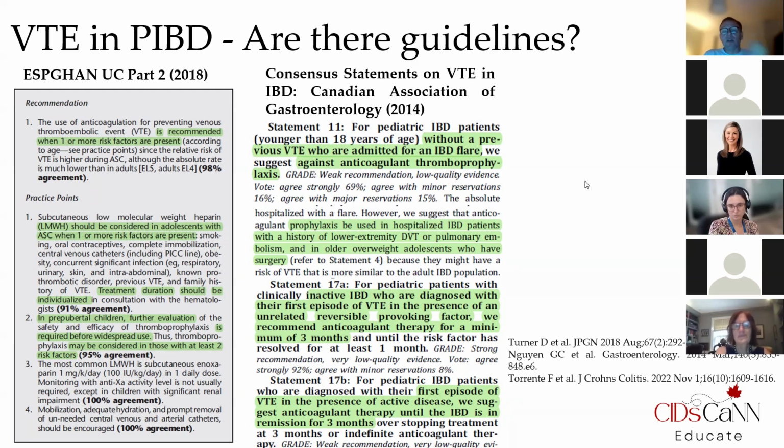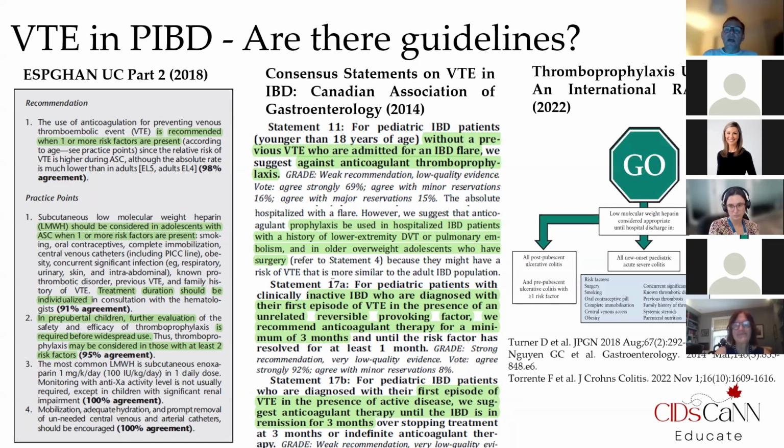And then the recent RAND panel statement from a couple of years ago was pretty similar to the ESPGHAN statement, so post-pubertal, over 12s were getting treatment, and under 12s not really, unless they had lots of risk factors, and a lot of the risk factors on the slide won't apply to under 12s, such as smoking and oral contraception. So things hadn't really moved on that much.